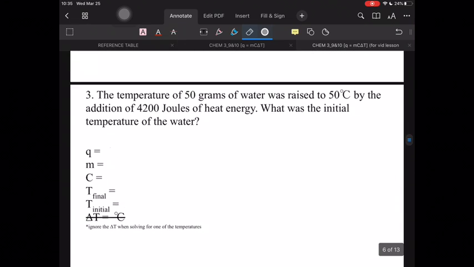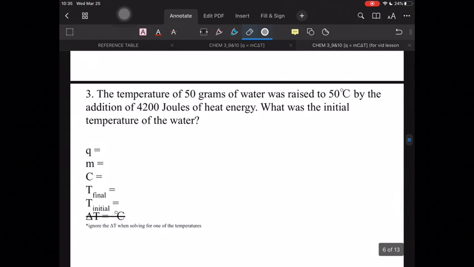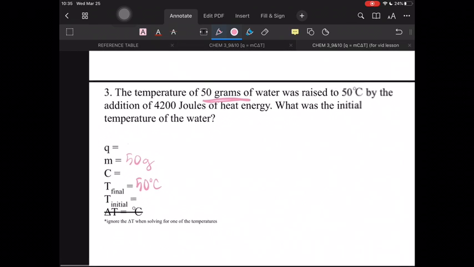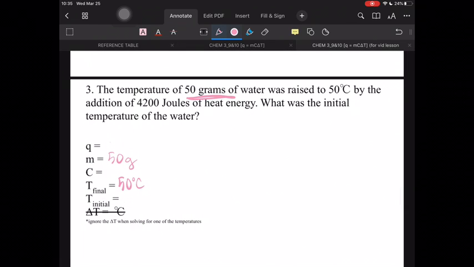Great. Okay. So, again, go through, pick out our variables, pop them in the equation. 50 grams, mass. 50 degrees Celsius. Raised to, right? So if it's raised to 50 degrees Celsius, that means 50 degrees Celsius is our final temperature. Addition of 4,200 joules.